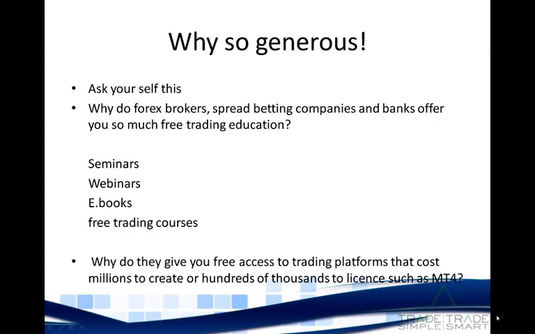Okay, so when it comes to the retail industry and the companies that offer free Forex education, why are they so generous? Okay, so why do Forex brokers, spread betting companies and banks offer you so much free trading education? So if you look online and you go to the majority of brokers or spread betting companies or banks, they will have offers on free seminars.